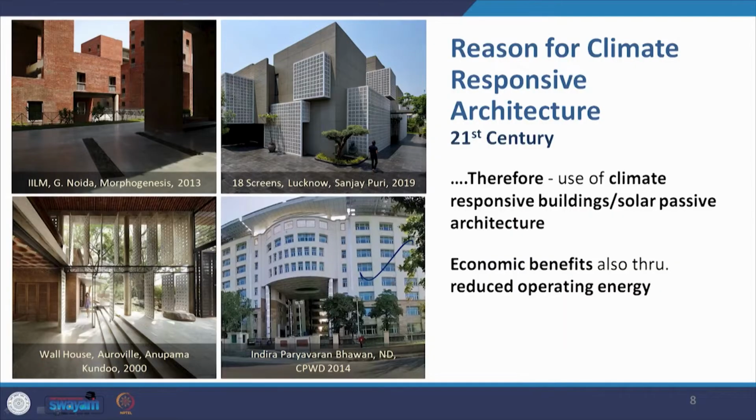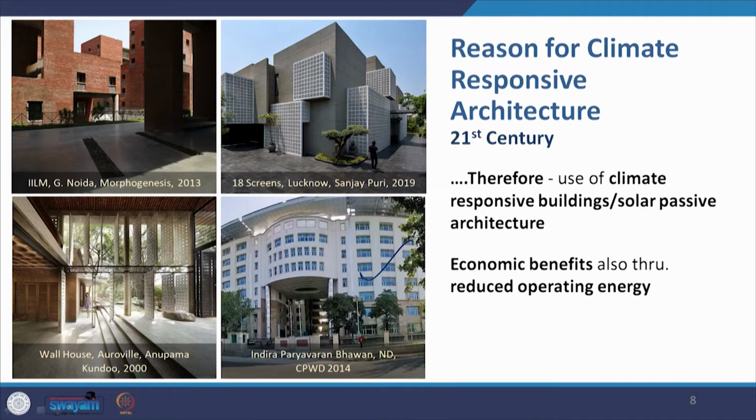We see that in the Wall House in Auroville by Anupama Kundoo in 2000, and we see that in the Indira Paryavaran Bhavan by CPWD in 2014. So there is a whole coming back to an architecture which is modern, but that is also governed by the climate, or is climatically responsive. There are also economic benefits by reducing operating energy, obviously, but that is for another time.